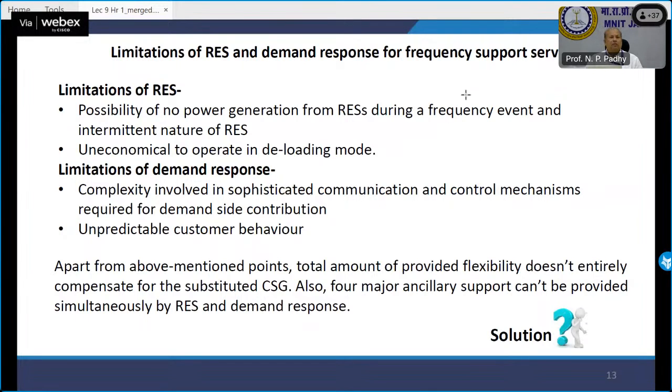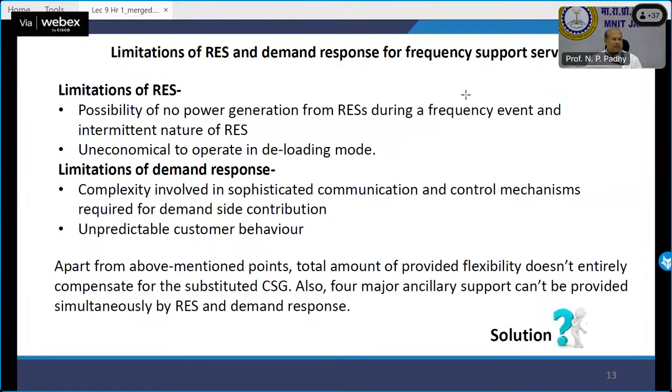Limitation of demand response: complexity involved in sophisticated communication and control mechanisms required for demand-side contribution, unpredictable customer behavior. Apart from the above-mentioned points, the total amount of provided flexibility does not entirely compensate for the substituted conventional synchronous generation. Also, the four major ancillary supports cannot be provided simultaneously by renewable energy sources and demand responses.